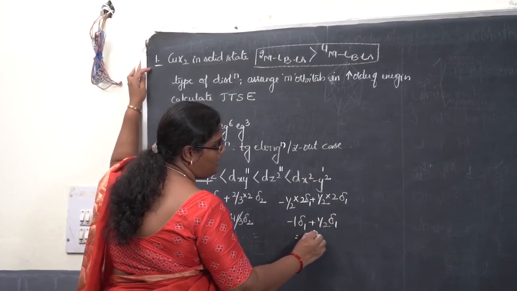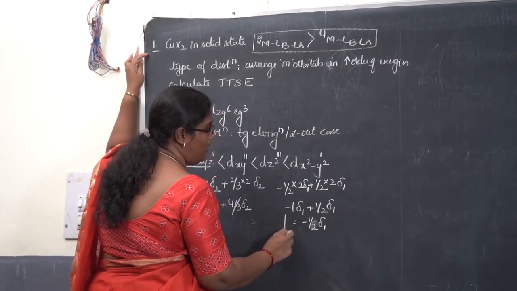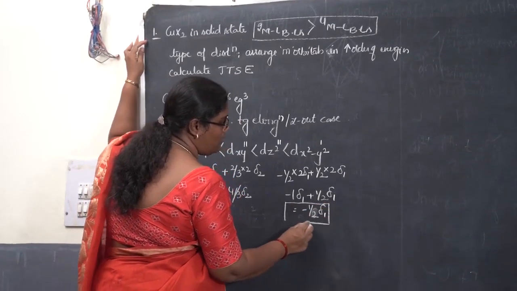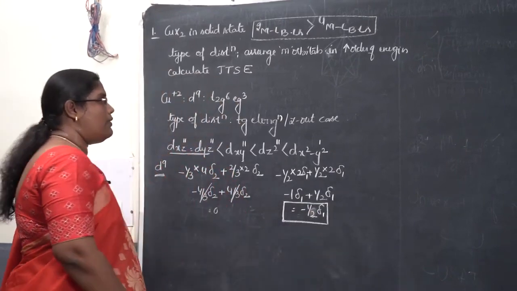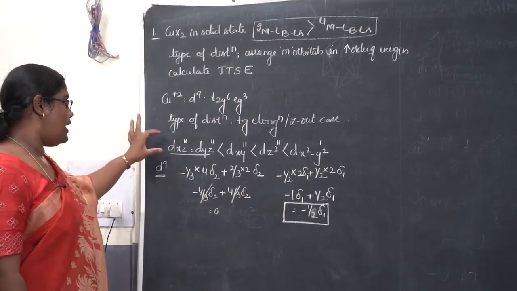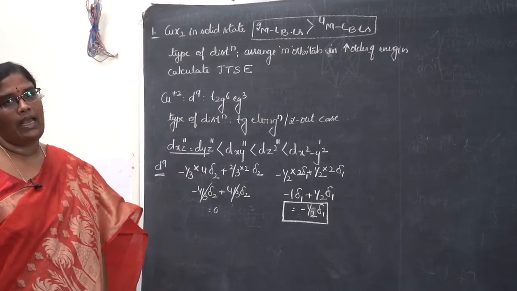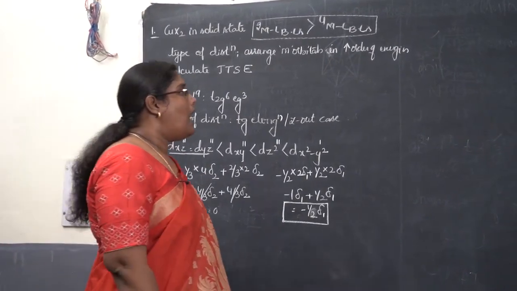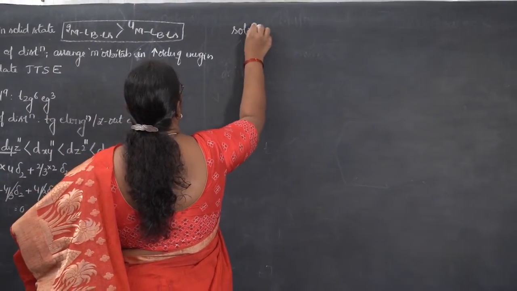So the energy is minus half delta 1. So the Jahn-Teller stabilization energy is minus half delta 1. So you are generally asked to arrange the orbitals in the increasing order of energies and you are asked to calculate the stabilization energy.